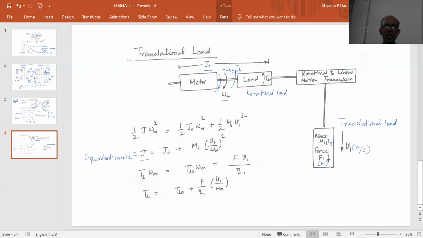So TL into omega m equals the power of the first load, TL naught into omega m, plus the power of the second load as seen by the motor, which involves a transmission efficiency eta 1. The first term is the power of the rotational load, the second term is the power of the transmission load, and eta 1 is the transmission efficiency.